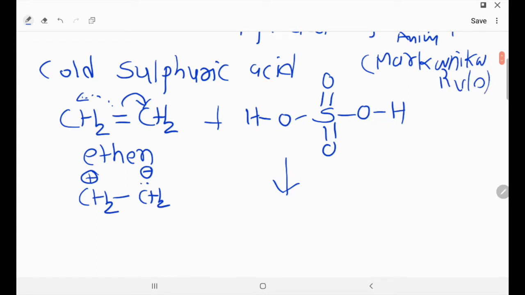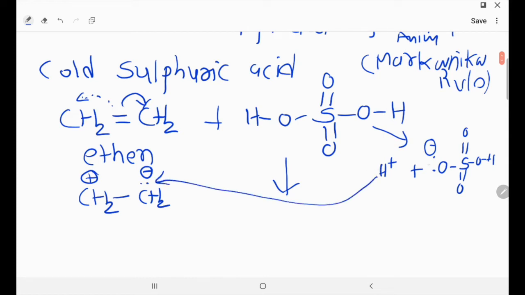Now from this sulfuric acid, as you know, one proton is generated and one O minus S double bonded oxygen, single bonded oxygen and H is generated. Now you will add this particular H on this carbon, and the negative one on this particular one.